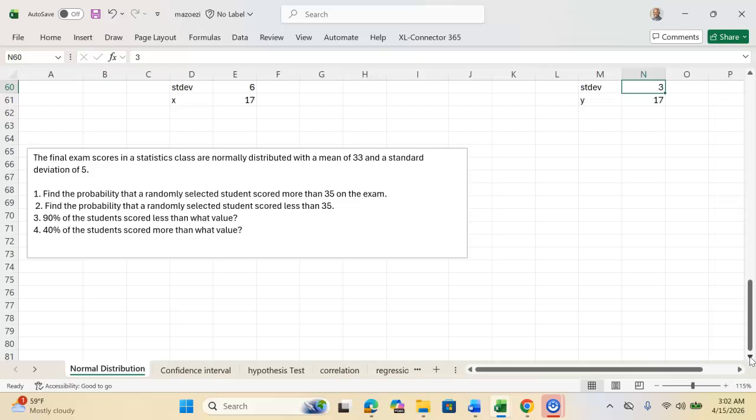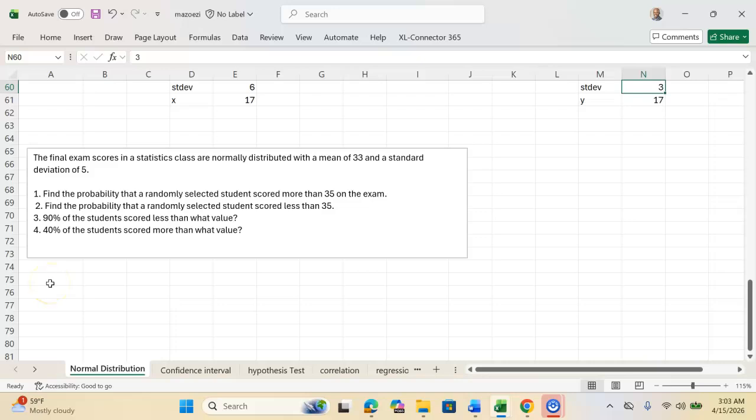So here we have these probabilities. It means that probabilities are given, 90% and 40%. In this case, we're going to look for a value, and on the top we are supposed to find the probabilities of the values.